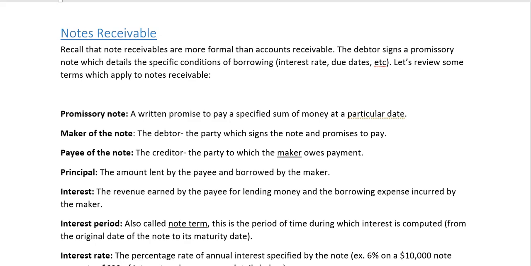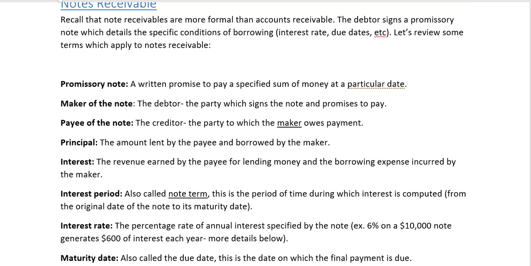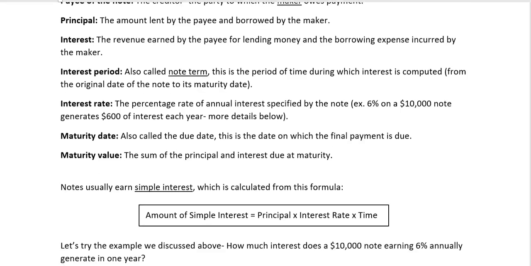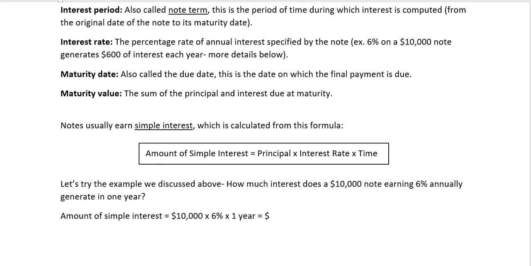Interest, the revenue earned by the payee for lending money and the borrowing expense incurred by the maker. Interest period, also called a note term, is a period of time during which interest is computed from the original date of the note to the maturity date. Interest rate, the percentage rate of annual interest specified by the note.